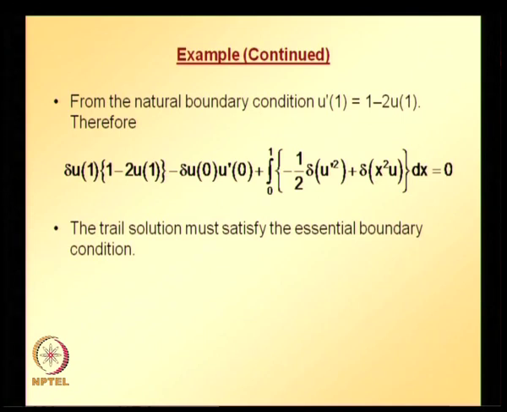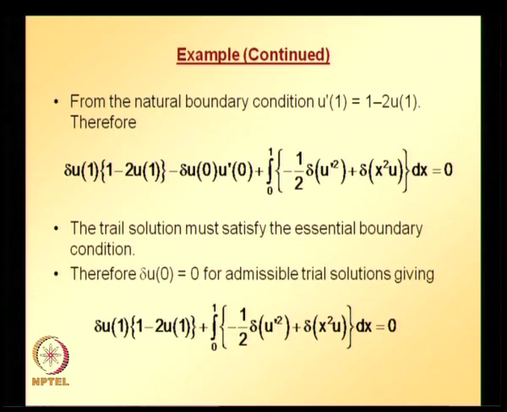What it means is, wherever the essential boundary condition is specified, at that point the variation of u should be equal to 0. Therefore the variation of u evaluated at x equal to 0 is 0 for an admissible trial solution. Here in this particular problem the essential boundary condition is prescribed at x equal to 0.